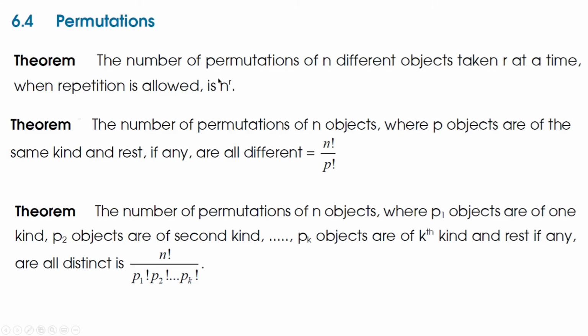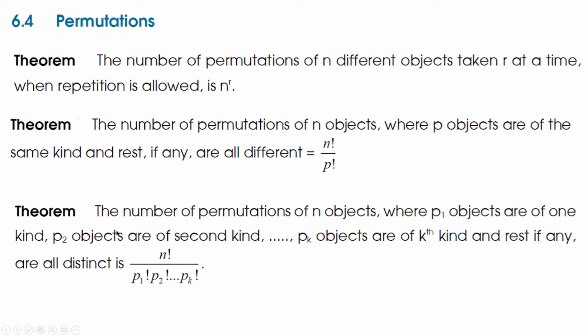And then we have the number of permutations of n different objects taken r at a time when repetition is allowed, which is n raised to r. The number of permutations of n objects where p objects are of the same kind and the rest, if any, are all different, is given by n factorial divided by p factorial.